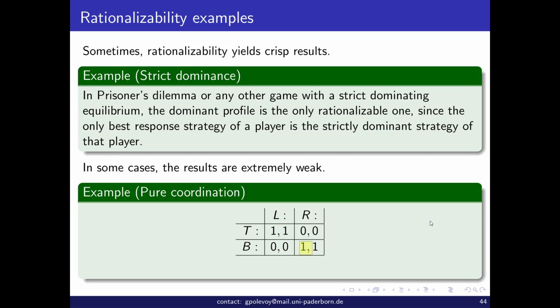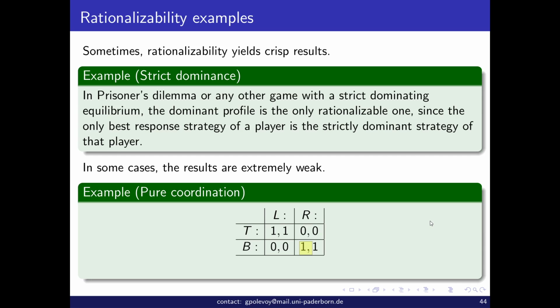I remind you what the second definition is. Any player j has a probability distribution over the others with respect to which this Sj is the best response, and this probability distribution has to be such that its support is in the others' Zj's. So if you have a mixed Nash equilibrium, then everything in the support is rationalizable.